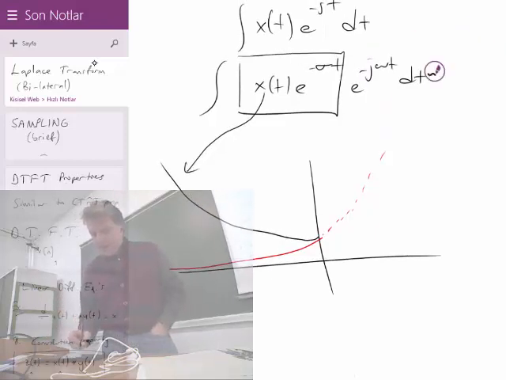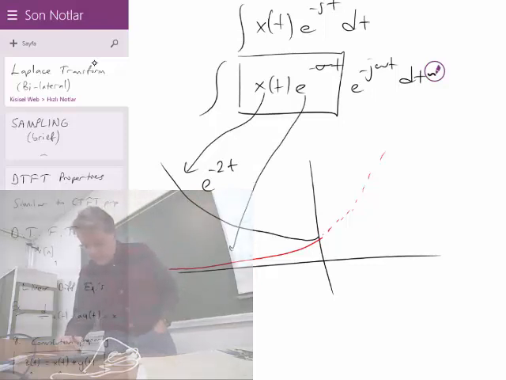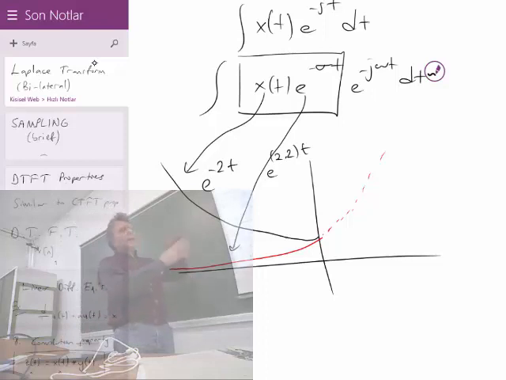So this one is, let's assume, e to the minus 2t. And the red one here is, let's assume, e to the 2.2t. When you multiply them, what will be the multiplication? The multiplication will be e to the 0.2t, which is actually an increasing exponential.